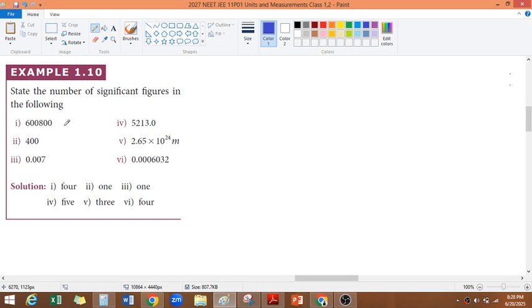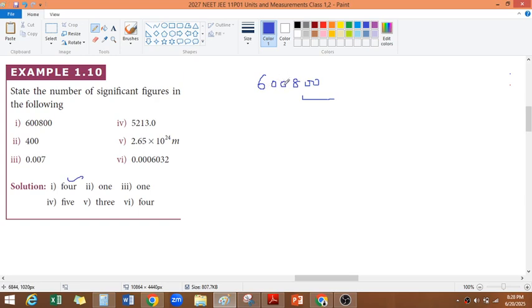When you have zeros towards the end before the decimal point, we will not consider them as significant figures. So only these are significant figures. That's why they gave 4 here: 1, 2, 3, 4.